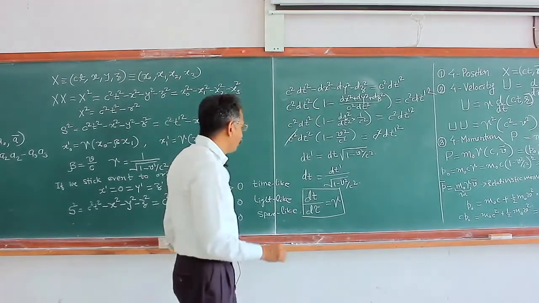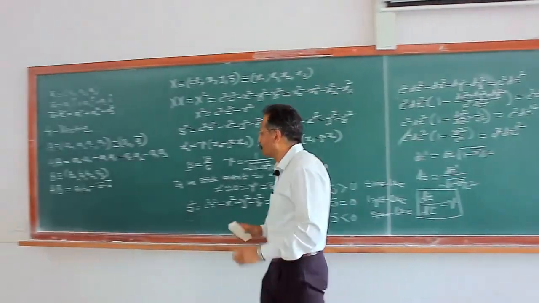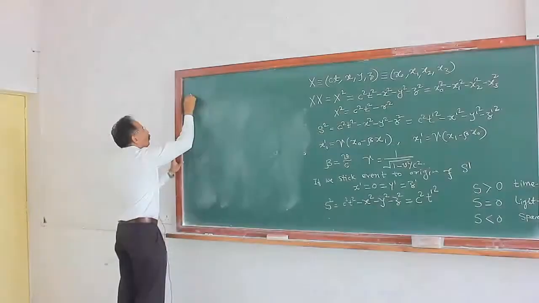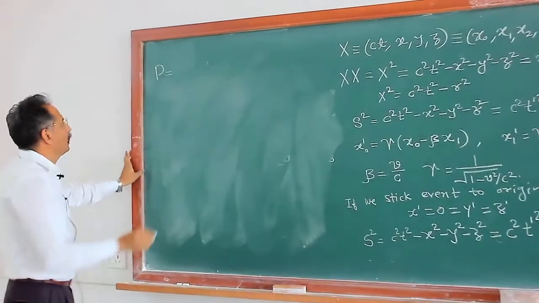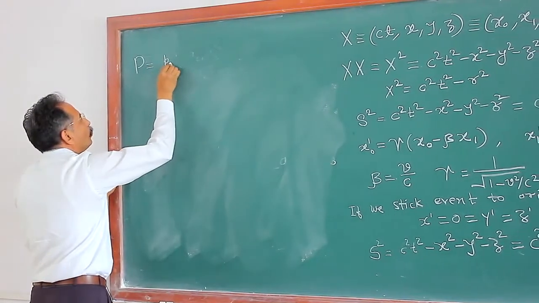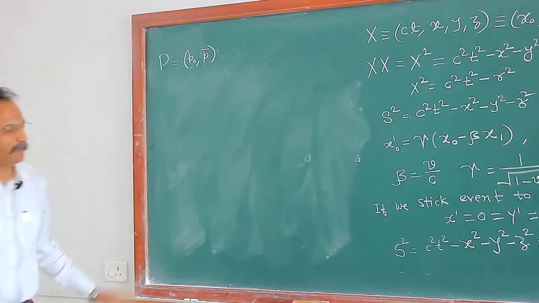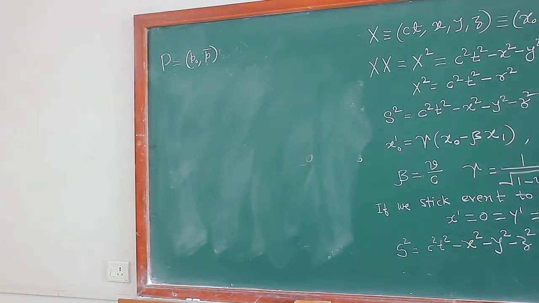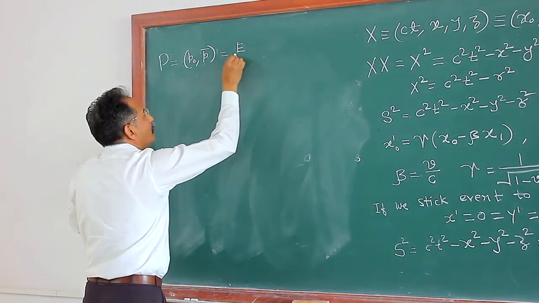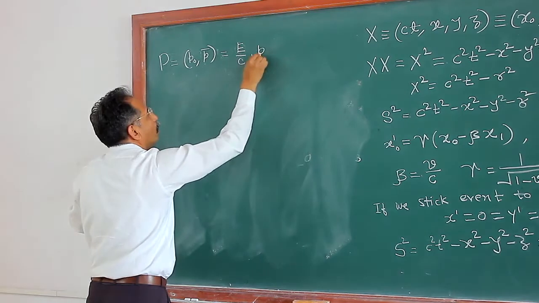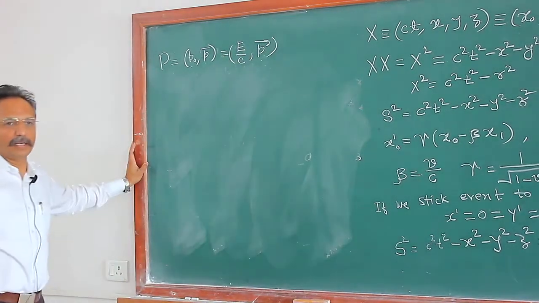Okay. Now we shall explore these equations further. For momentum, P is equal to P0 comma P bar, that is equal to E upon c comma P bar. So this P bar is the normal relativistic momentum.